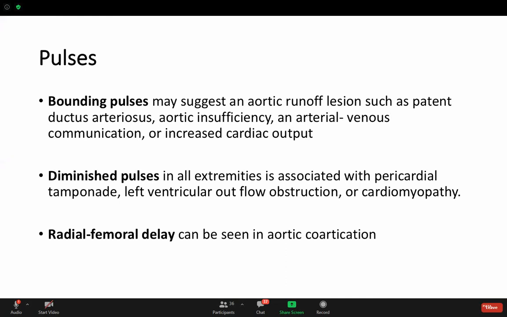Okay. Diminished pulses معناته ضعيفة. Okay. هذه ممكن تكون مع أي ضعف لعضلة القلب زي البريكارديال تامبوناد، left ventricular outflow obstruction من ضمنها الكوراكتيشن، أو cardiomyopathy. وزي ما تعرفون أكيد radio femoral delay will be seen في ال aortic coarctation.